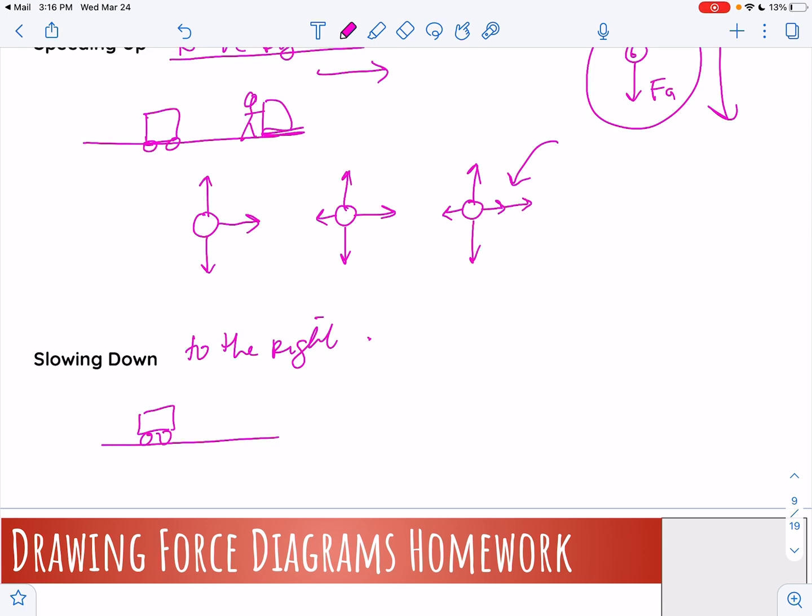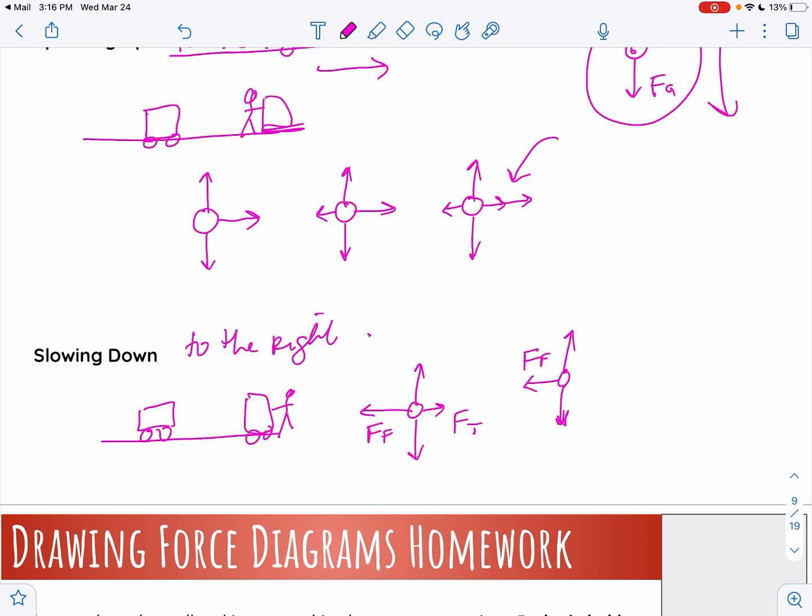Maybe somebody is pulling it, but the friction might be more than they're pulling. Or it could just be friction. It's usually friction, not always, that makes it slow down. But either way, the left pull would outweigh the right pull. It would be bigger.